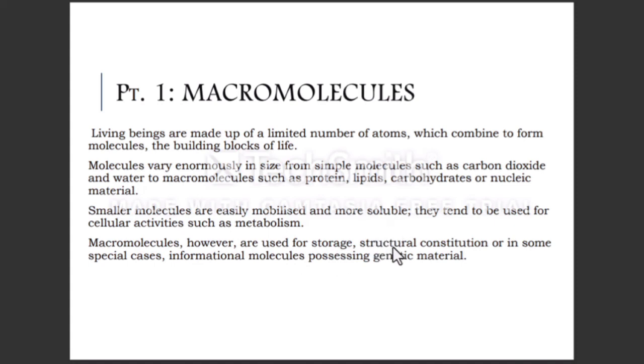They have functions in the structural constitution. So an example here, for example, production of membranes, production of cell walls, and all of the rest. So structural constitution of cells. And in some other cases, like in the case of DNA, they have purpose in storing information. So they are informational molecules, right? They possess genetic material. So here we have to talk of nucleic acids.